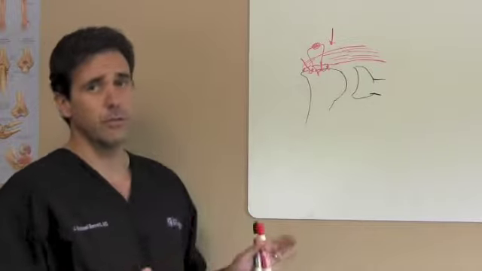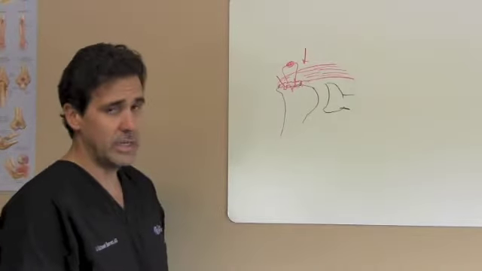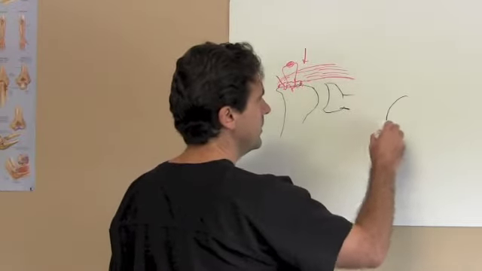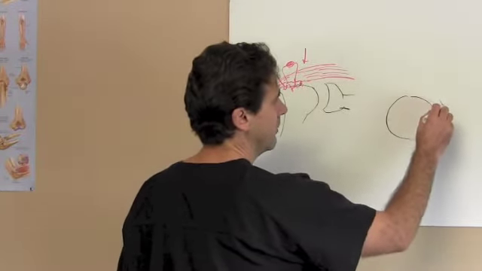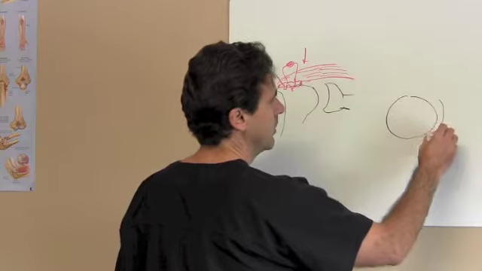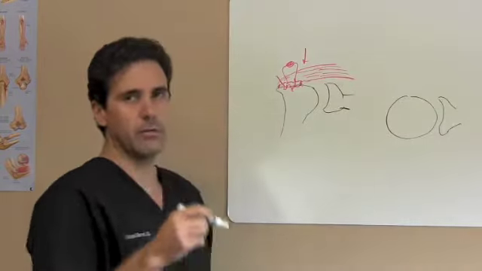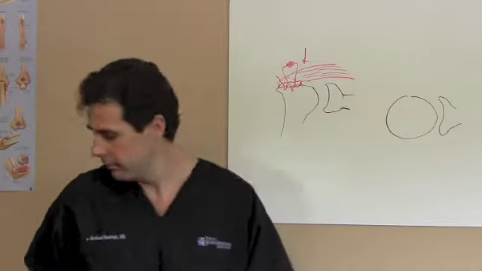This is a very straightforward standard tear. Now sometimes we could have different types of tears. Let's say we're looking at the shoulder now from another view, from the top down view.